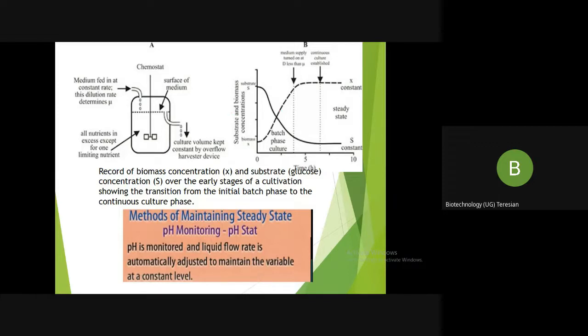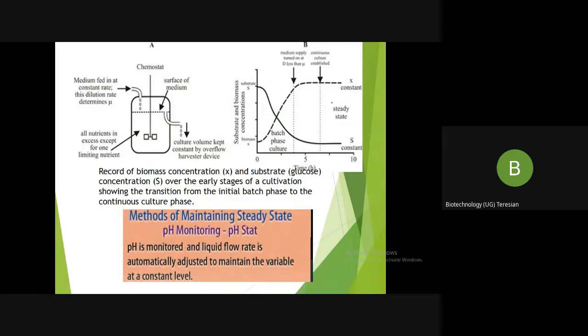What is happening is that your microorganisms are moving from the batch phase to the continuous phase. Batch phase means you have all four growth phases, but here it is just your exponential phase.